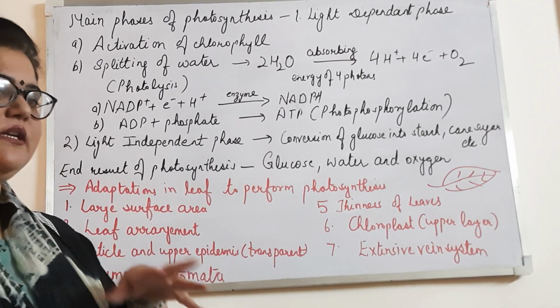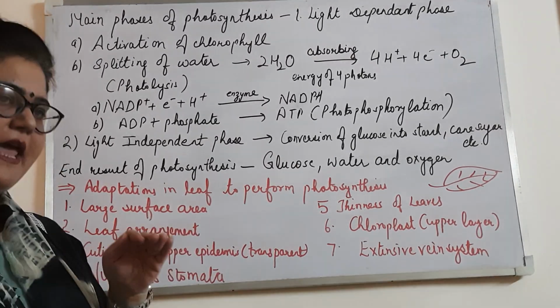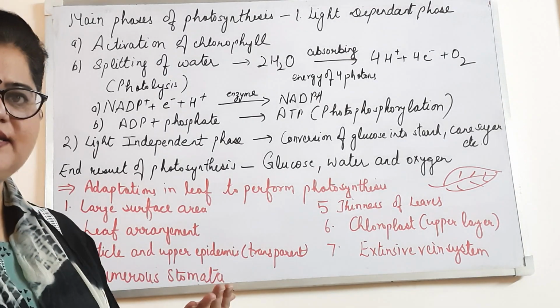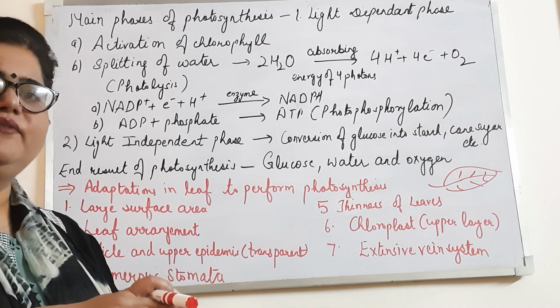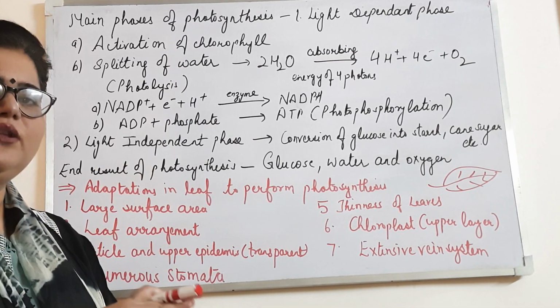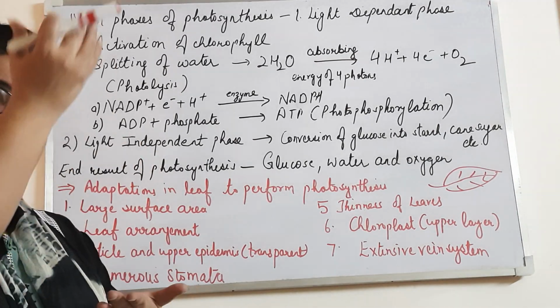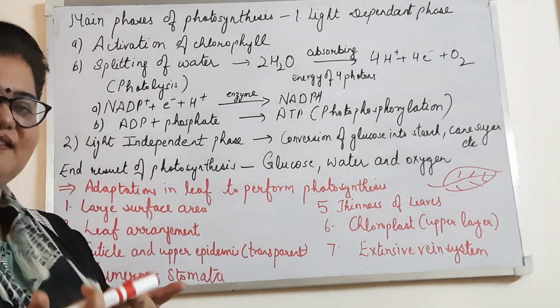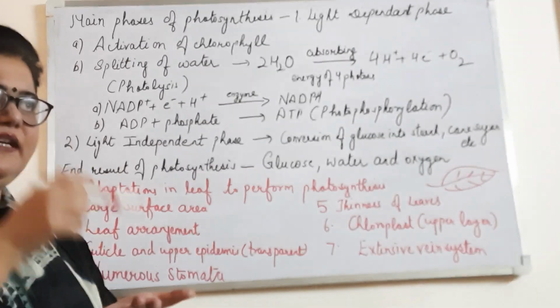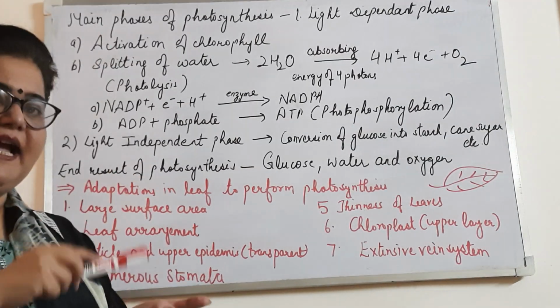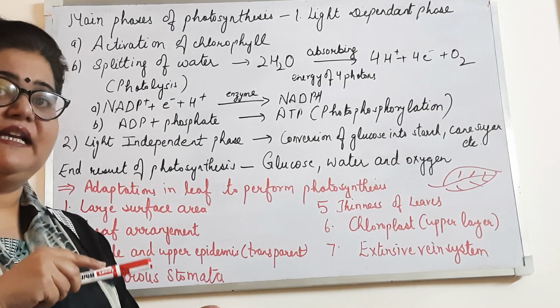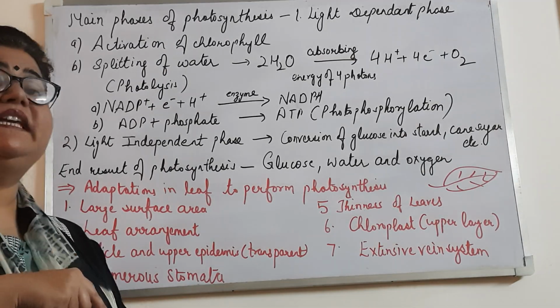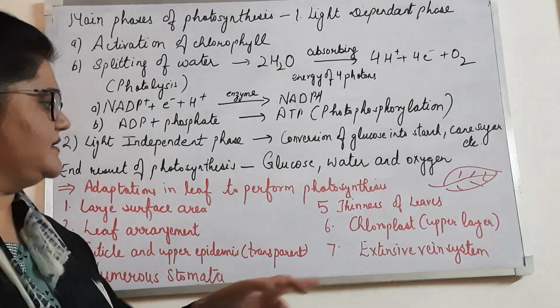Chloroplasts: most of the chloroplasts are in the upper layer of the leaf, so sunlight is easily accessible to them. They will be in direct contact with sunlight and can be easily activated to proceed with photosynthesis.